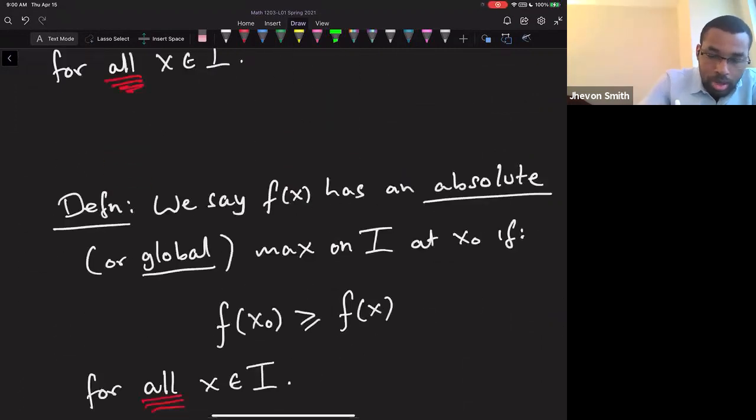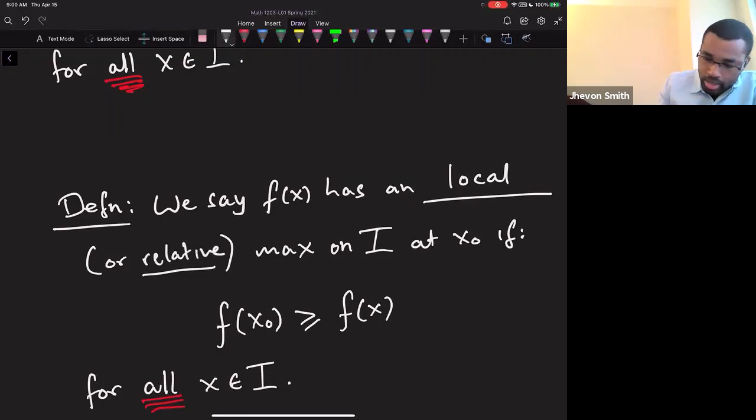Now we're going to talk about something called a local max. Another word for that is relative max.